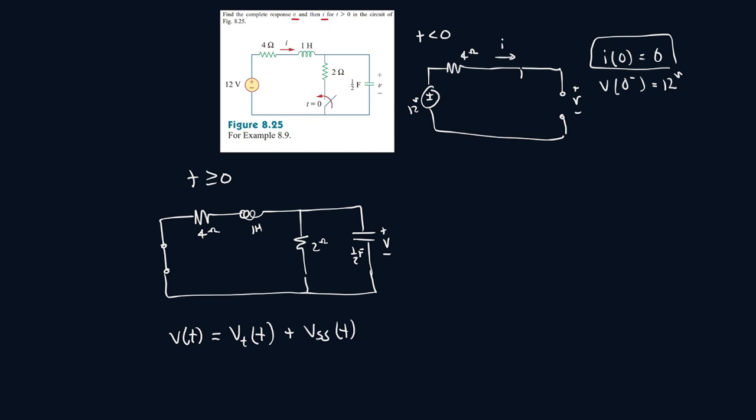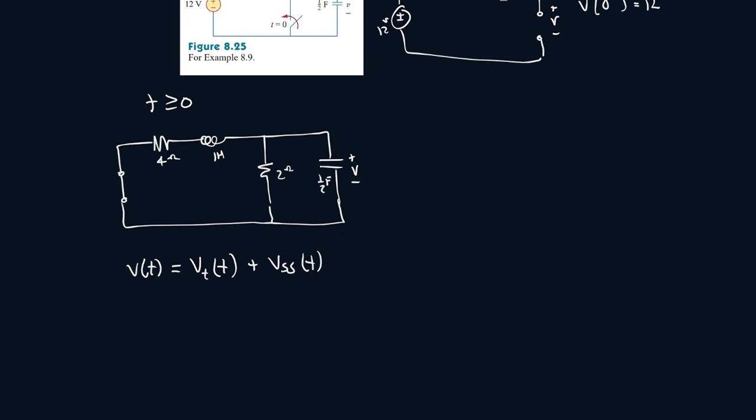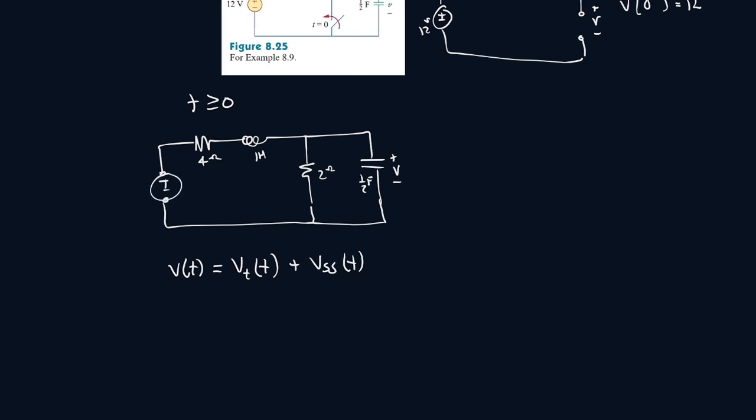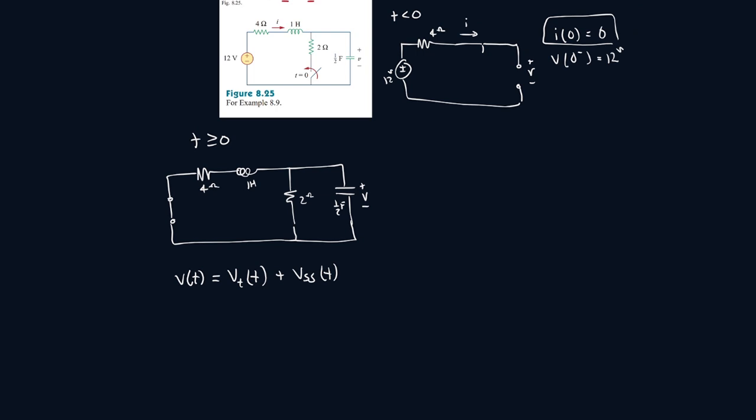So right now we're going to solve for this part, and then after that we're going to solve for this part. We have to use this formula when there is a current source, or some kind of source involved in our circuit that didn't go away after we flip the switch.